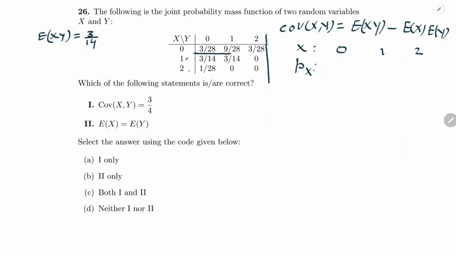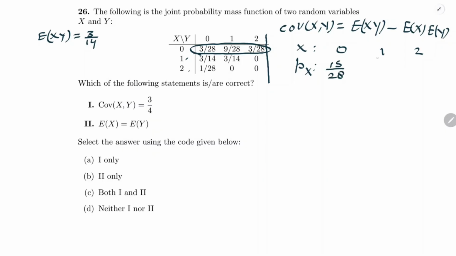So if we take sum of this first row, that will give us probability of x corresponding to 0. So 3 by 28, 9 by 28, 3 by 28 will give us 15 by 28.